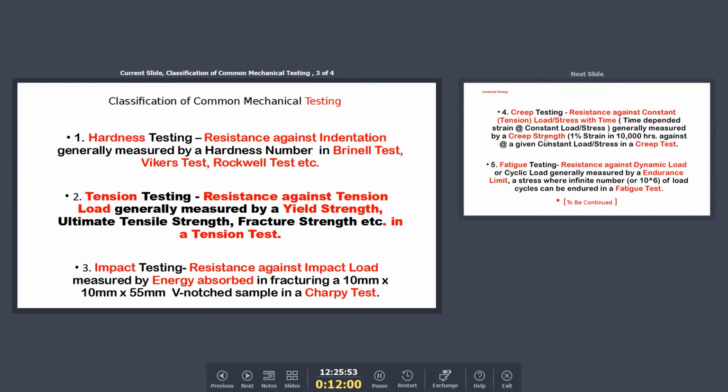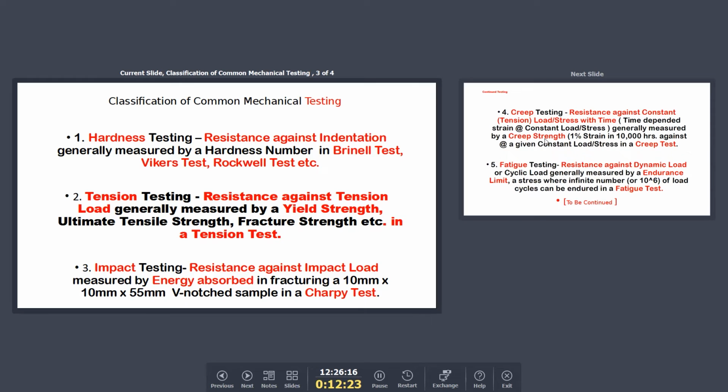The small sample, almost the length of your finger, has a square section of 10 by 10, and its length is 55 mm, around 2 inches. At the center there is a V notch of 2 millimeter depth.